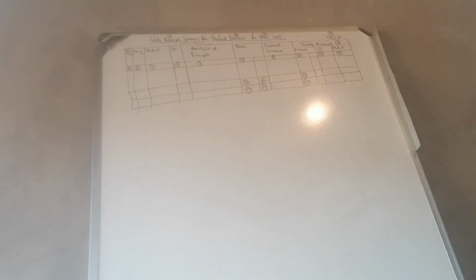And then number 4, the journal reference number. This is what we call the journal reference number. In that case, CRJ for cash receipt journal, and then 12 for the 12th month, the month December.